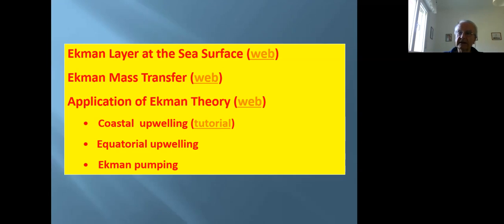Applications of Ekman theory are these two aspects I just mentioned before: coastal upwelling, equatorial upwelling, and Ekman pumping. But what is not mentioned here is the open ocean upwelling, which is also another, not necessarily related to the equatorial upwelling.